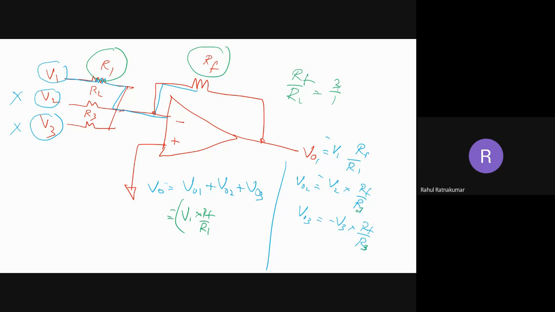This is up to the designer, what ratio I need to take. RF by R1 is 1 is to 3, and the same for RF divided by R2, also 1 is to 3, and RF by R3 is also 1 by 3. So each of these becomes 1 by 3.